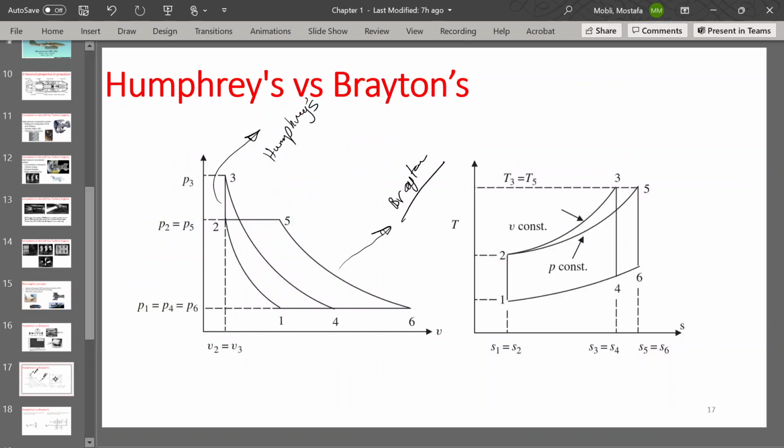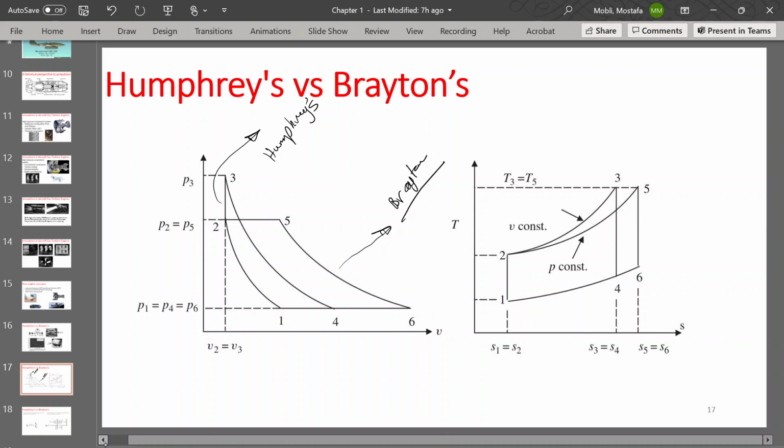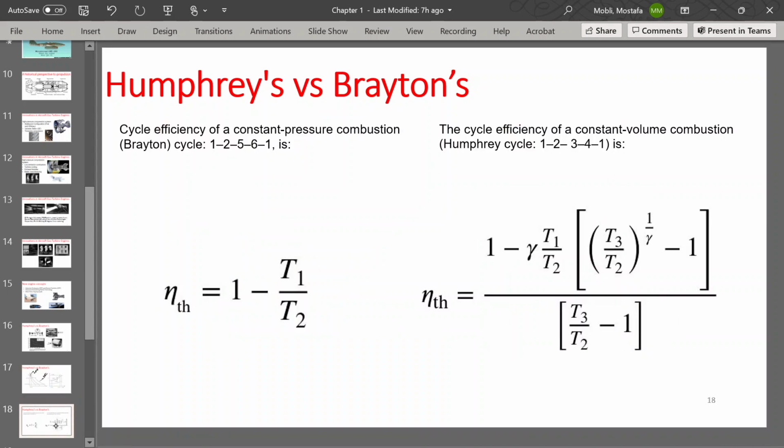We're not going to go into details about this. As long as you understand the difference between Humphrey and Brayton, it should be fine. And the only thing that we are going to analyze about the Humphrey cycle is its efficiency.